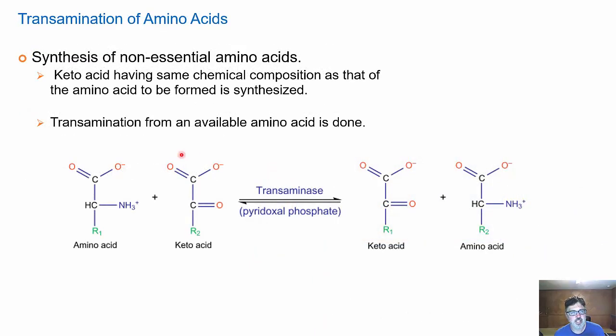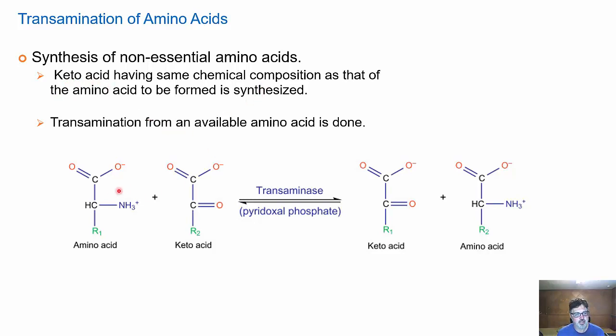We will also have transamination of amino acids. Transamination of amino acids is where we take the amine group from one amino acid and use it to synthesize a different one that we might need. So this is how we synthesize our non-essential amino acids. And this is important because what happens is we have these keto acids that have the same chemical composition as the amino acid.